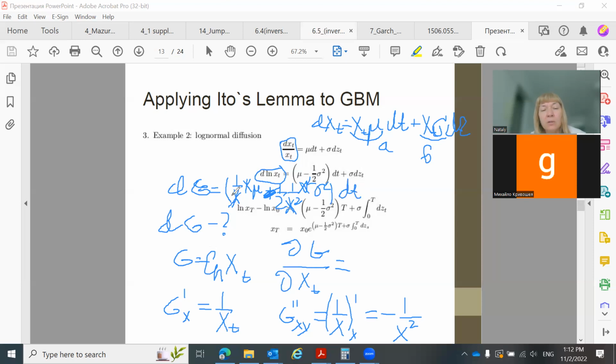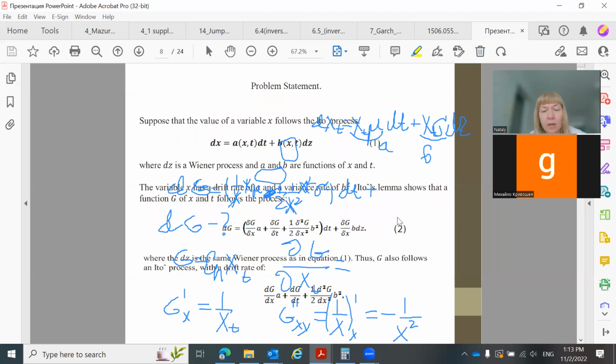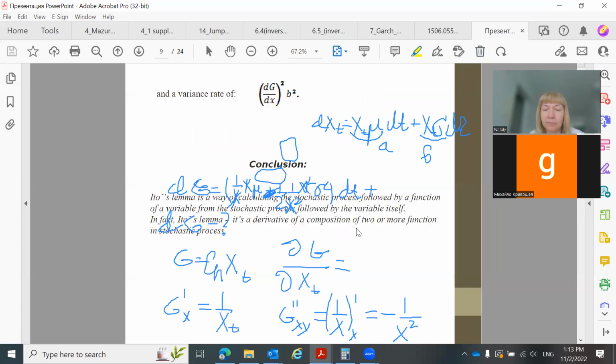So you see, in this bracket we have mu minus 1 divided by 2 sigma squared, dt, and plus, in this term, we have just dg with respect to dx multiplied by b.